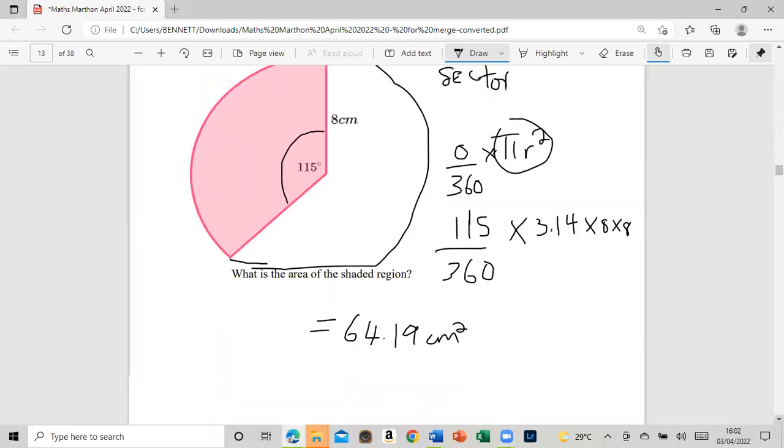So the area is this angle over the 360. Where does 360 come from, guys? Sir, because the area of a circle is 360. Yeah, not the area, I understand what you mean. The size of the angle is 360. Yes, sir. So it's an entire circle, but they just cut out a piece. So that will be 64.19. All right.